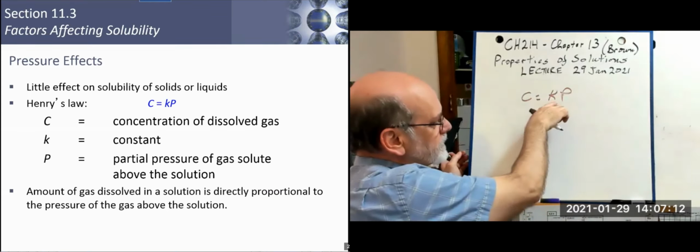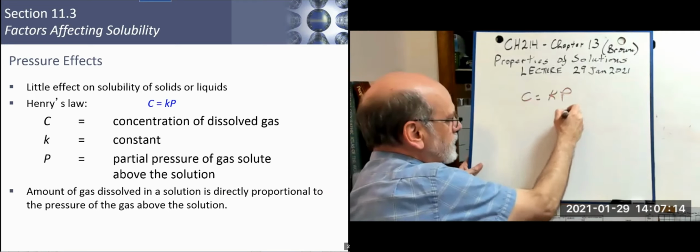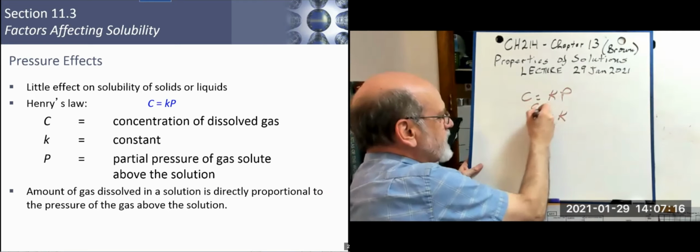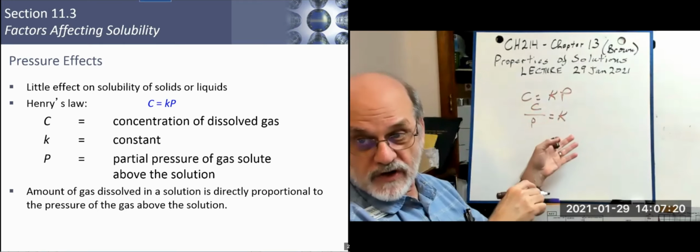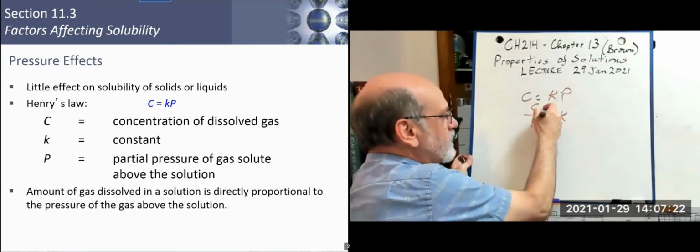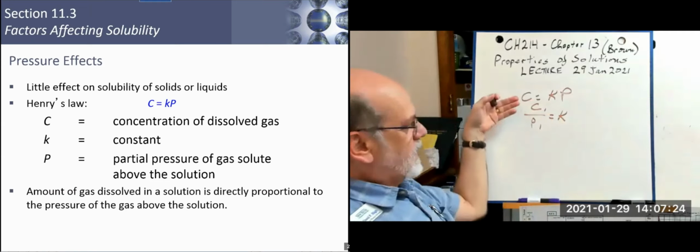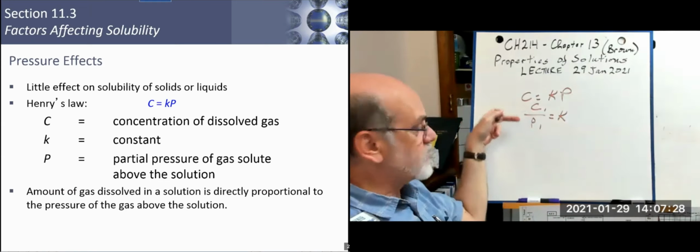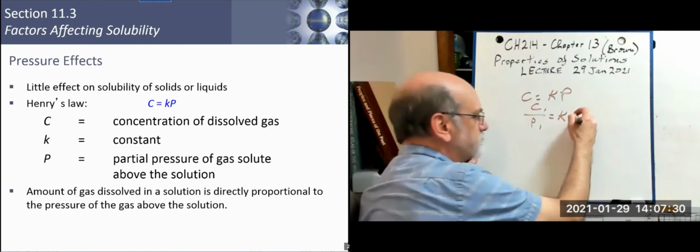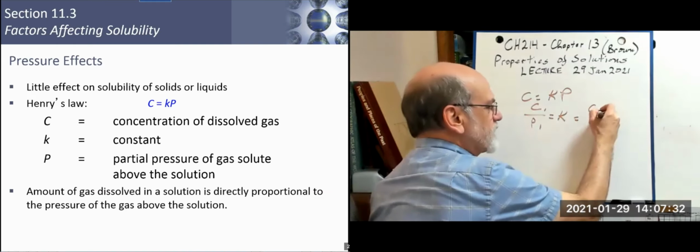So then if we put the K on one side, then we can say C over P. So the concentration divided by the pressure is equal to your K. But if we have, under the beginning circumstances, concentration and pressure known, then we do something to it.